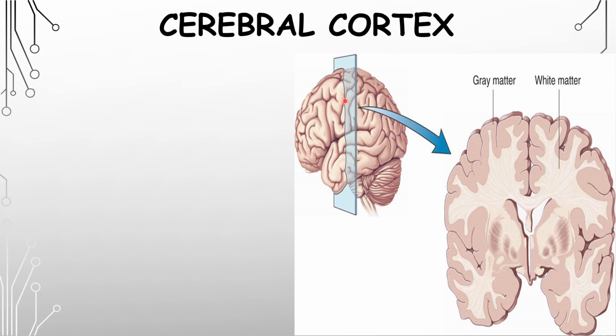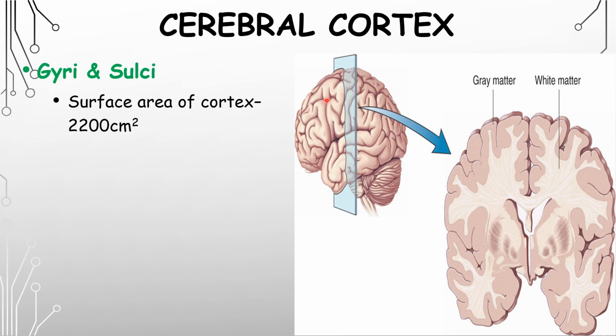So foldings and the grooves. The foldings are called the gyri, and the intervening fissures are called the sulci. So remember this, gyri and sulci.